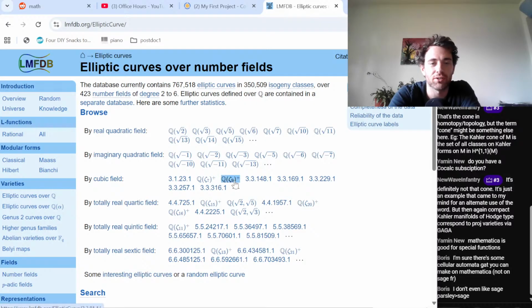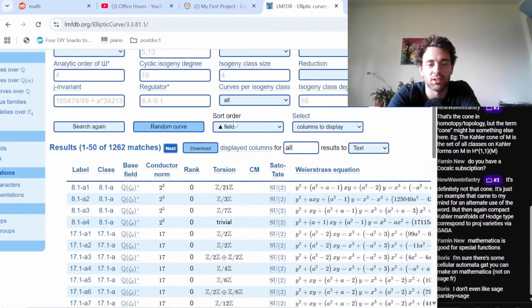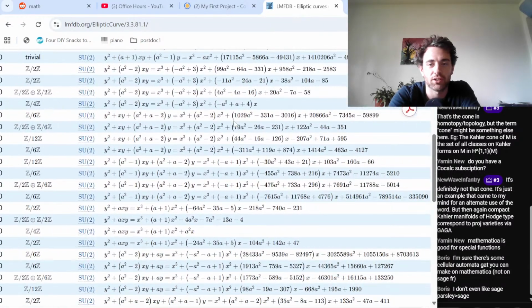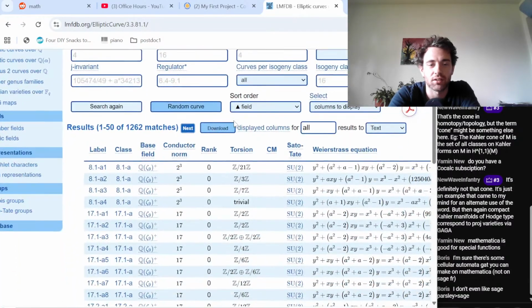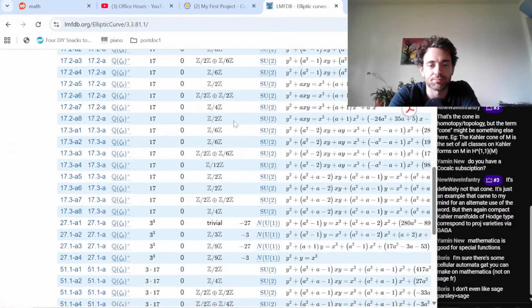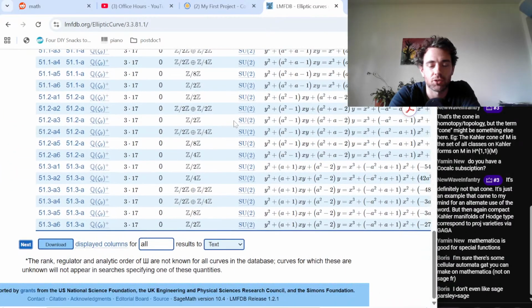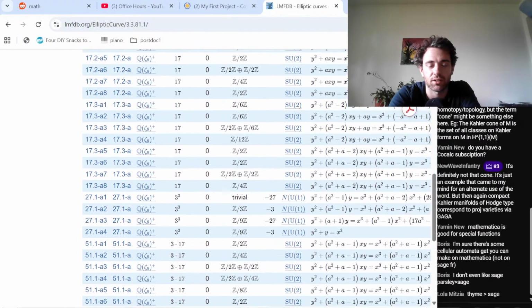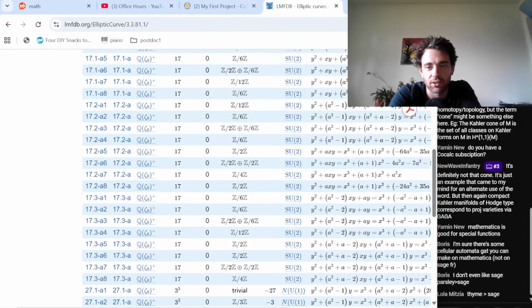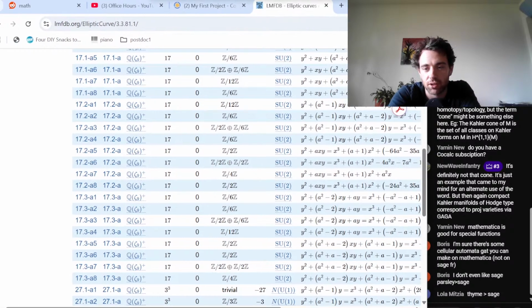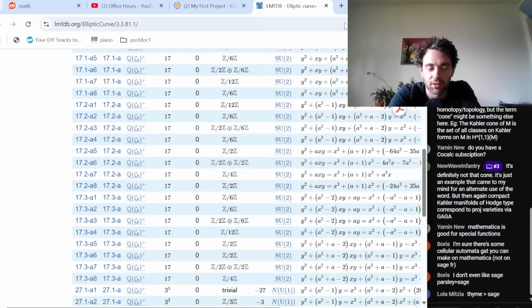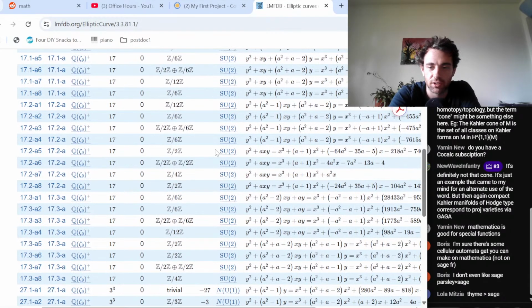So there's a lot of compatibility and functionality between Sage and LMFDB. So that's another big one. Mathematica doesn't have that. So yeah, I think I'm right about everything, especially Sage superiority.